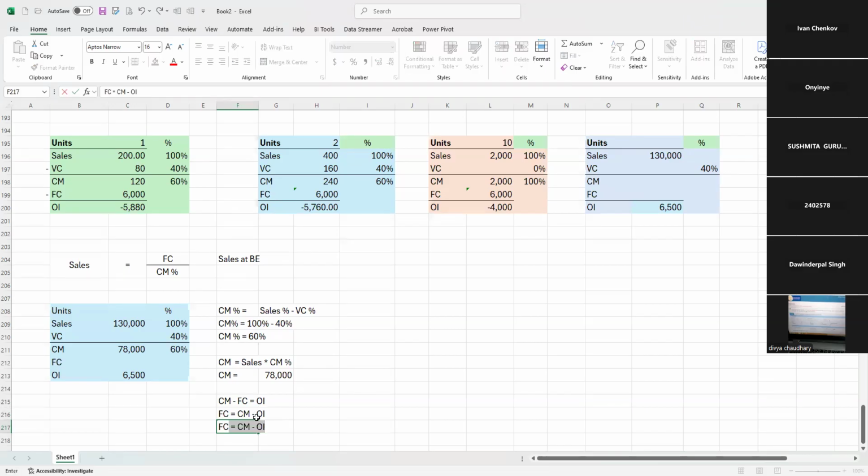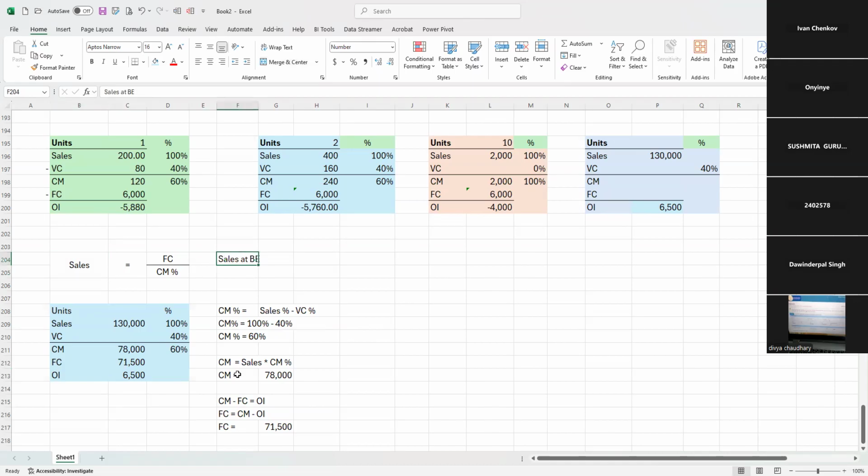So my fixed costs in this case are contribution margin minus operating income, which is 71,500.